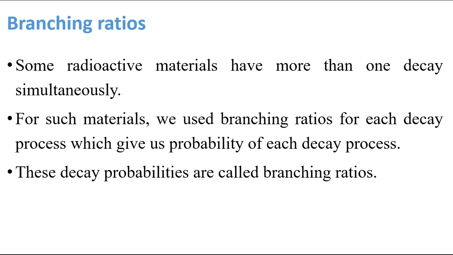Some radioactive materials have more than one decay simultaneously, meaning that in one sample you have more than one decay at the same time. For such materials, we use branching ratios for each decay process, which gives us the probability of each decay process. These decay probabilities are called branching ratios.